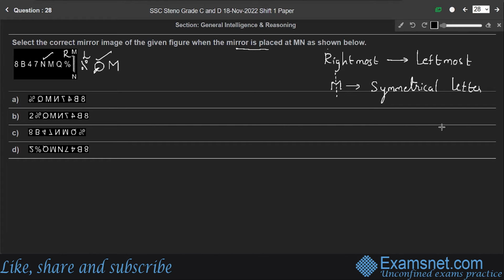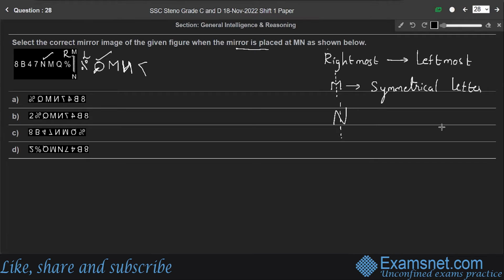Whereas the image of N, look at the letter N. When an imaginary line passes through N, it doesn't divide the letter N into two equal parts, right? Such letters are called non-symmetrical letters. Its image looks like this, right? And the image of 7 will be like this.